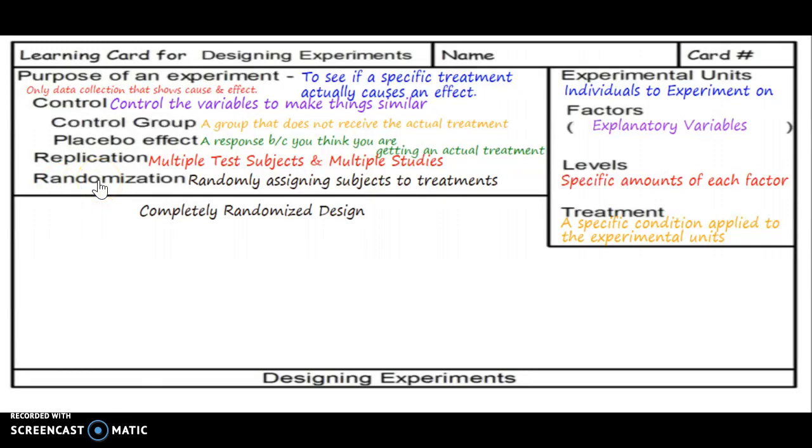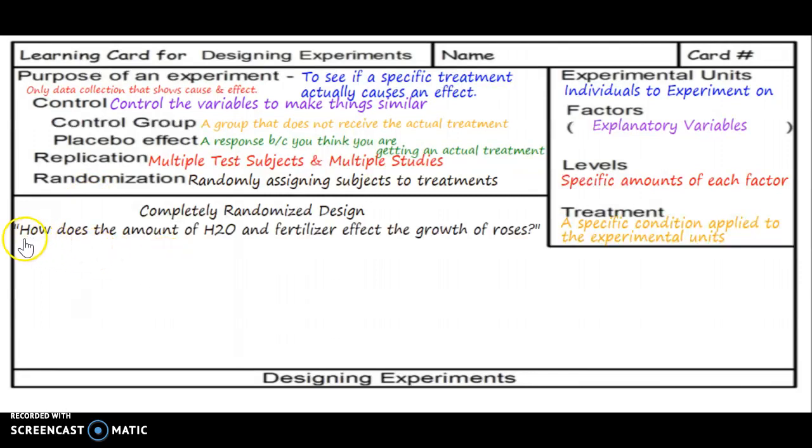So I'm going to start off first with a question that I want to answer. All right, so here's the question I want to answer. How does the amount of water and fertilizer affect the growth of roses? Well, I'm going to start off by having 60 roses that I begin with. These 60 roses are my experimental units. Slip of the tongue there.